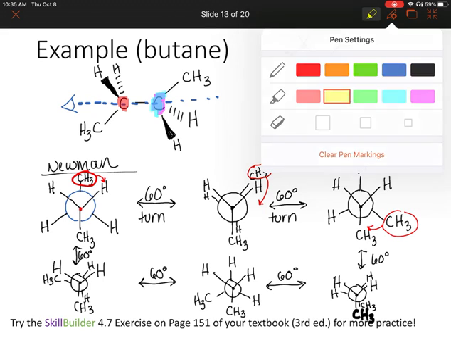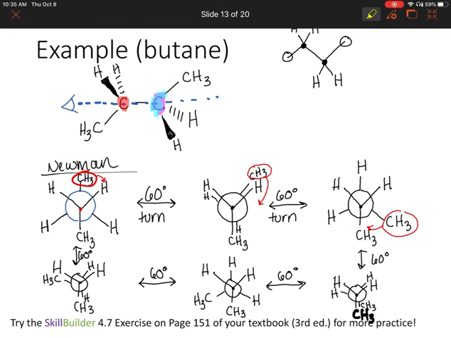So one interesting thing is if you do have methyl groups 60 degrees apart from each other, or really any group, like if you had chlorines or bromines there, if they're 60 degrees apart, that's not very stable because we have these pretty large electron groups that are getting really close together.